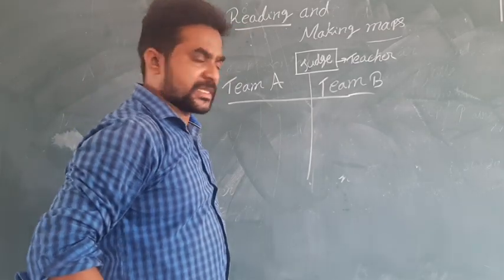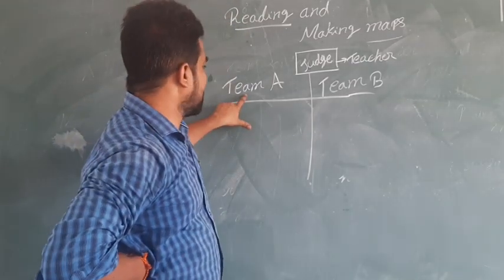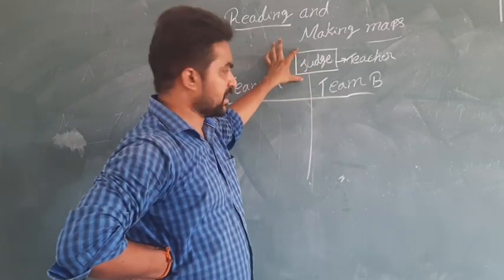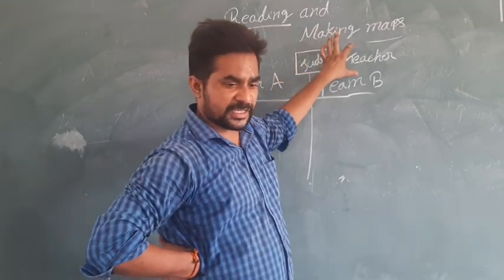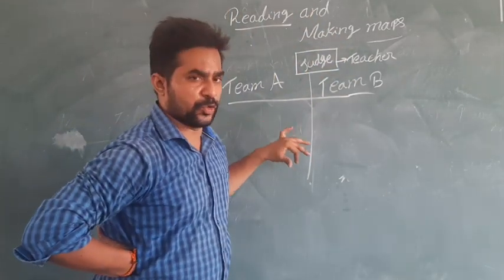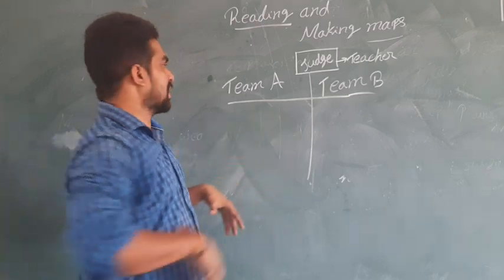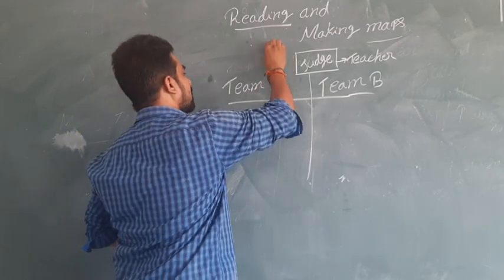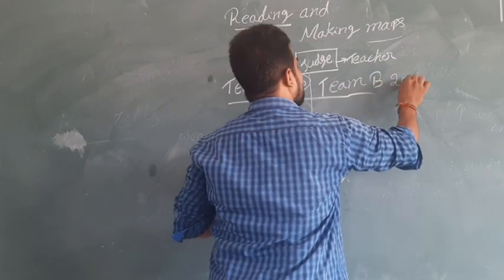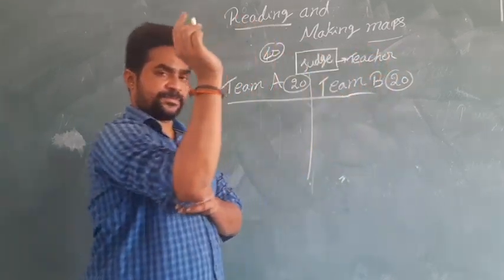Based upon our lesson, I am giving one game, with Team A, Team B, and a judge, who is your teacher. You have to form the two teams. It means if there are 40 members in your class, 20 members come into Team A and 20 come under Team B.